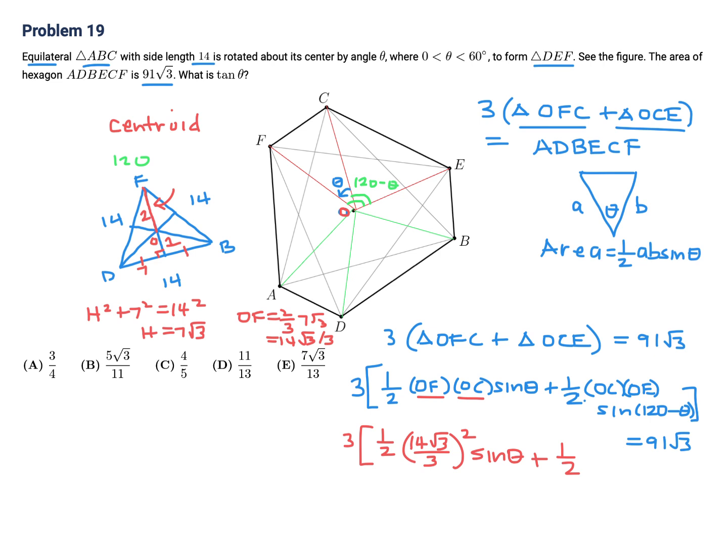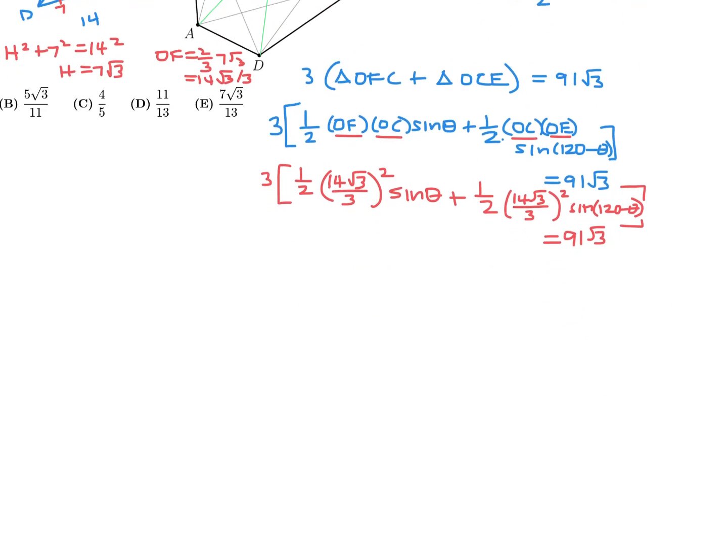OC is the same as OF, and OE is the same as OC. So again, we can use that 14 root 3 over 3 value. But this is sine of 120 minus theta. And it's all equal to 91 root 3. Okay. I think we're getting somewhere.